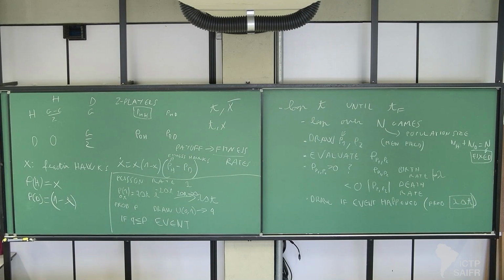Now I'm calling lambda P1, P2, if it's a birth rate, or modulo P1, P2, if it's a death rate. Lambda is a general symbol for rates for me. So I'm just renaming whatever the rate is, therefore the positive part of the payoff, lambda.